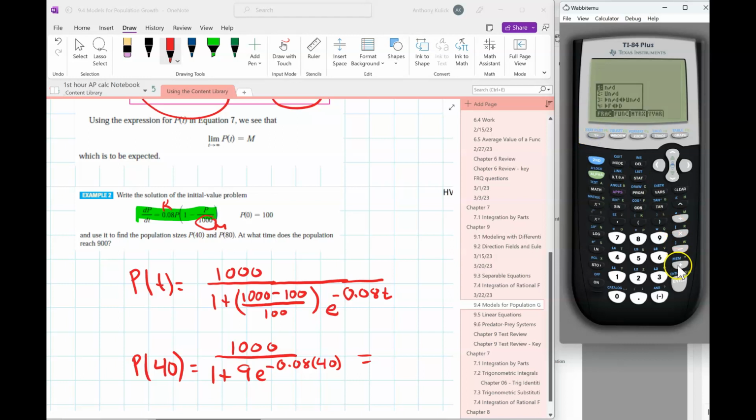So this screams, please use your fraction command, as the parentheses would be a hassle. And then don't forget your negative sign. So 731-ish.